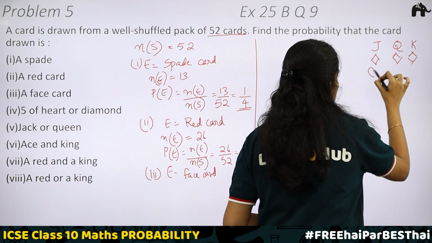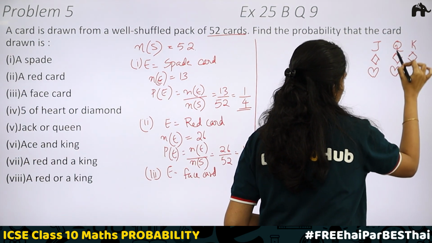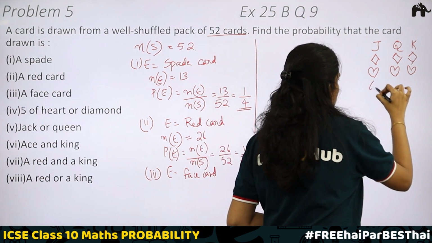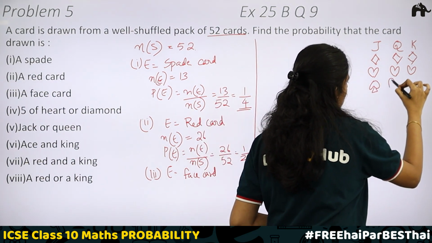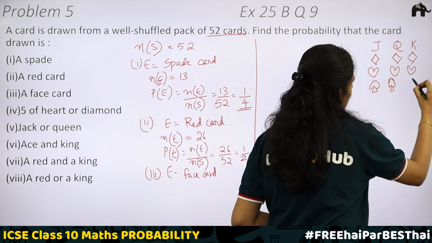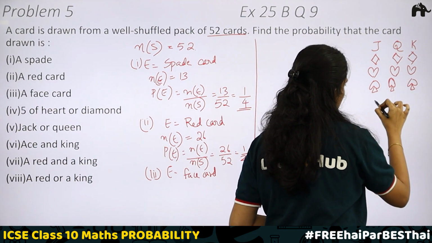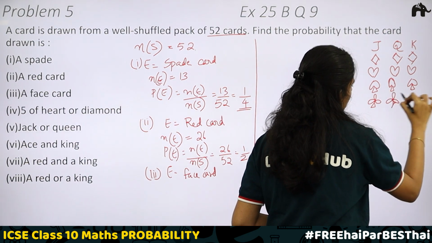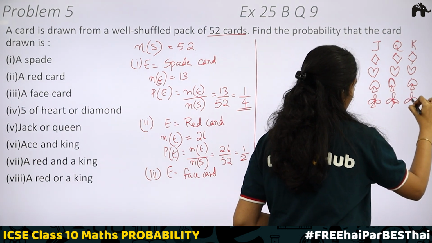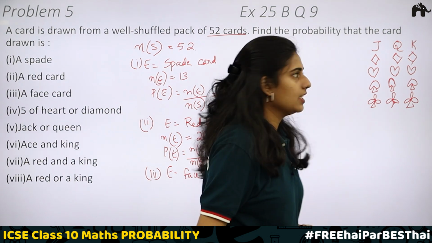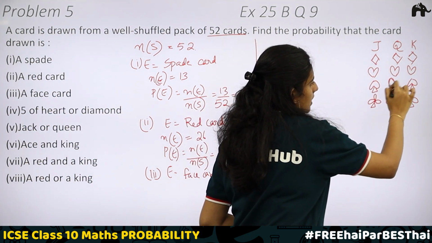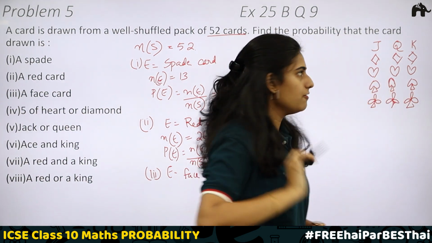Then jack of hearts, queen of hearts, king of hearts. Jack of spade, queen of spade, king of spade, jack of club, queen of club, king of clubs. So how many face cards are you having? 1, 2, 3, 4, 5, 6, 7, 8, 9, 10, 11, 12. 12 face cards you are having.